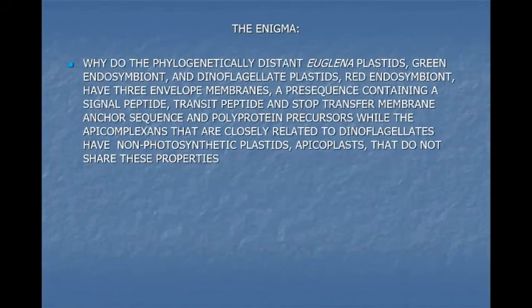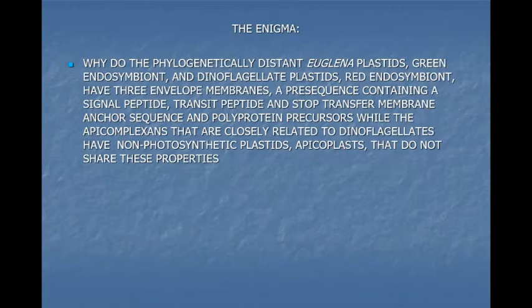Okay, so now this brings us to what I consider an enigma, someone being relatively ignorant of evolutionary biology. And to me, what stands out about this system is that the phylogenetically distinct Euglena plastids, which came from a green endosymbiont, and the dinoflagellate plastid, which came from a red endosymbiont, have 3 envelope membranes.